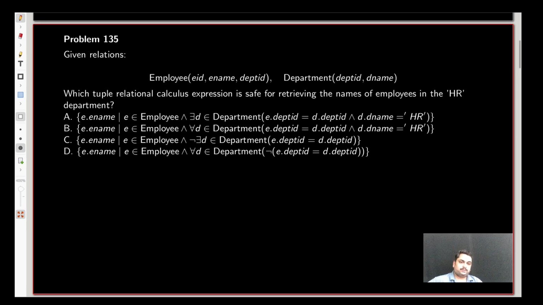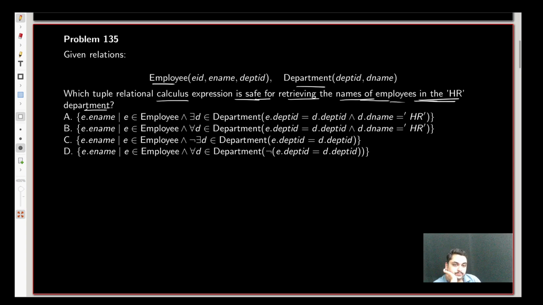Consider two relations, employee and department. Which tuple relational calculus expression is safe for retrieving the names of employees in the HR department? TRC is safe if it does not produce infinite tuples. They are asking for names of the employees working in the HR department.